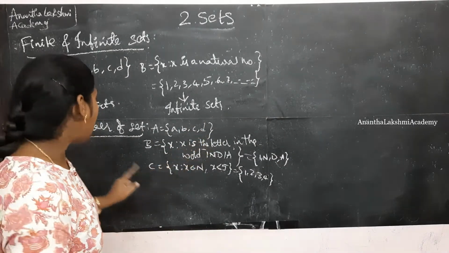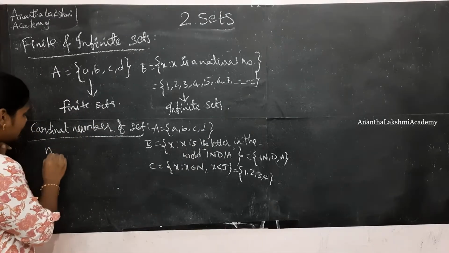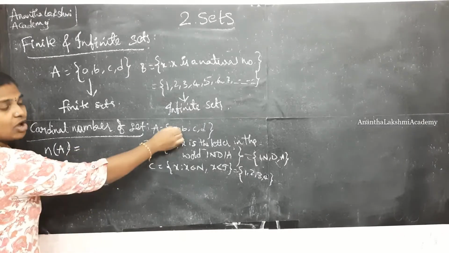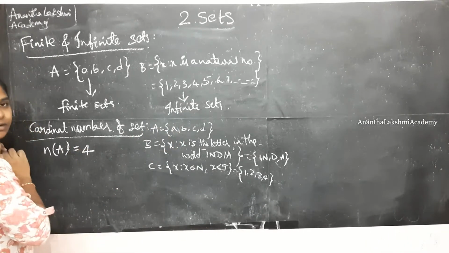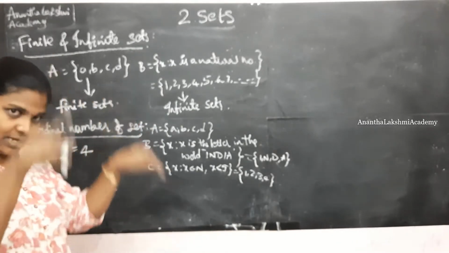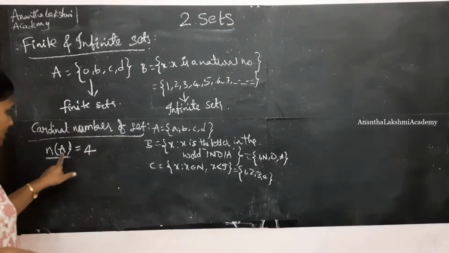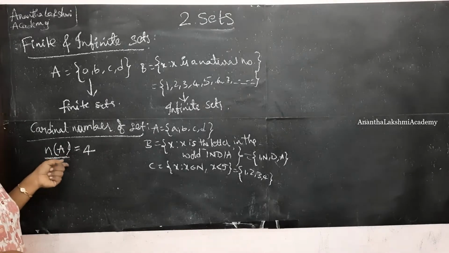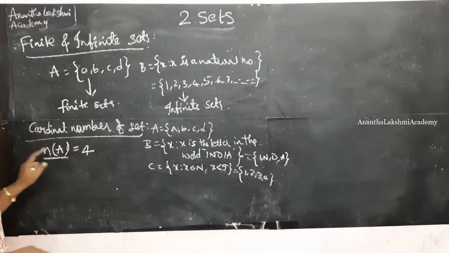So the cardinal number of a set is denoted as n of set A, which is equal to 4. It is given by the symbol n followed by braces, and within the braces you will write the set.